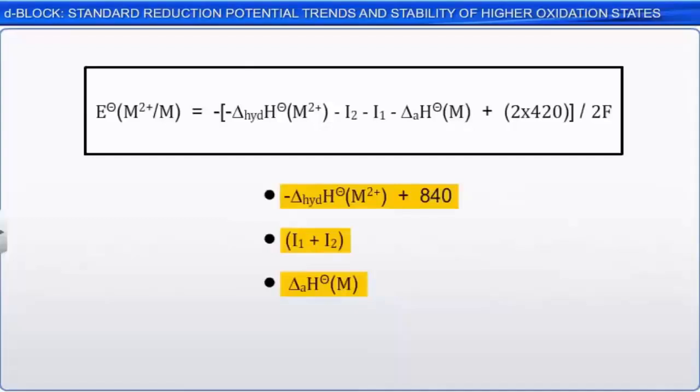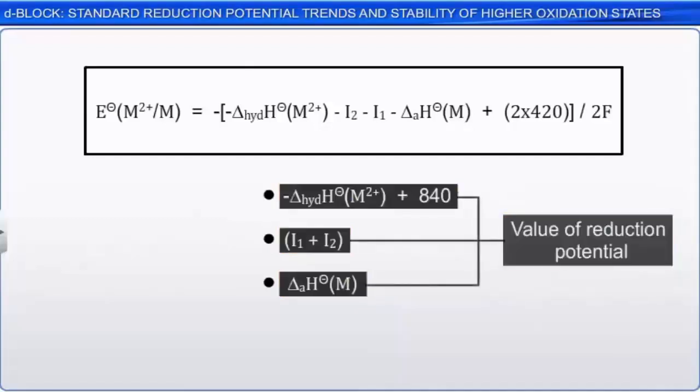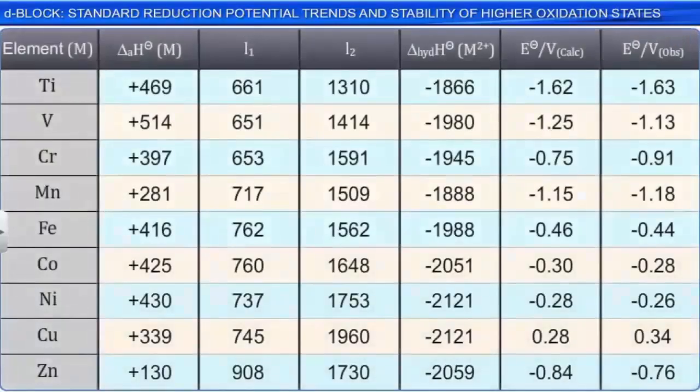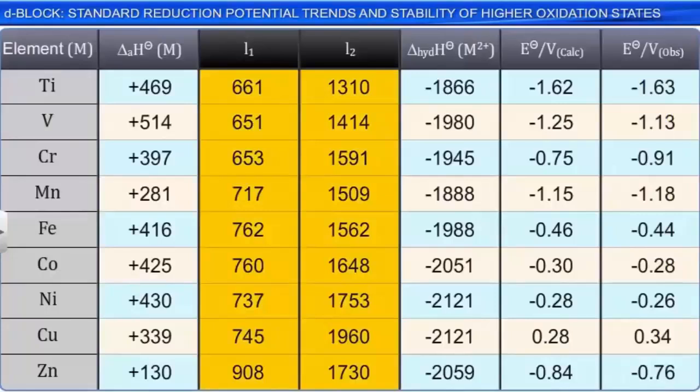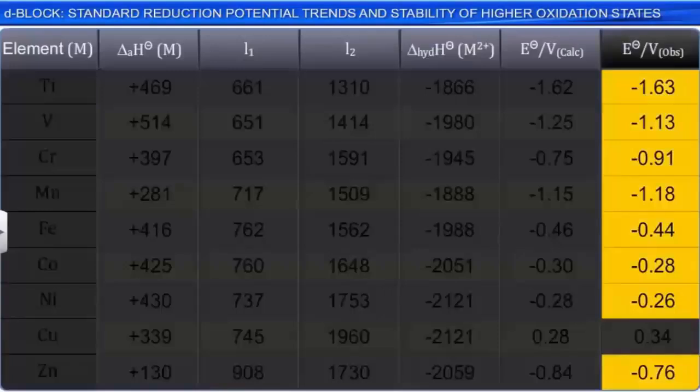The irregularity in the variation of electrode potentials is due to the irregular variation of the ionization enthalpies, and also the hydration energies of the divalent ions of these elements. All those elements with negative reduction potentials act as strong reducing agents and liberate hydrogen from dilute acids.